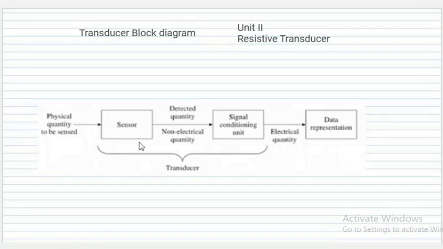We need to see about change in L now. What example should I give? Okay, write down LVDT. It stands for linear variable displacement transducer.